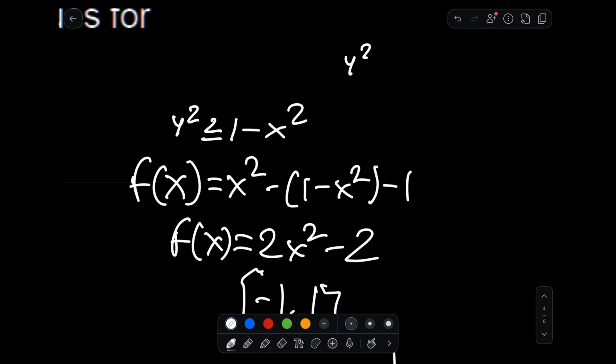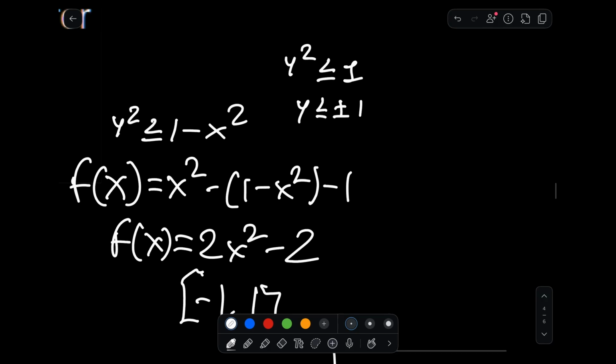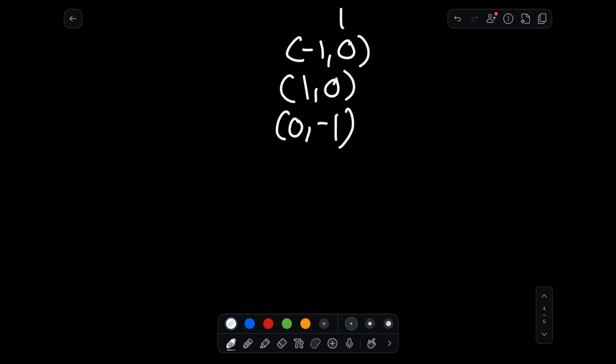So you're going to have y squared is less than or equal to 1, plus or minus 1. So that means that it's going to be -1 is less than or equal to y is less than or equal to 1. Right. So that's also another way you can think about it as well, allowing us to get (0, 1).